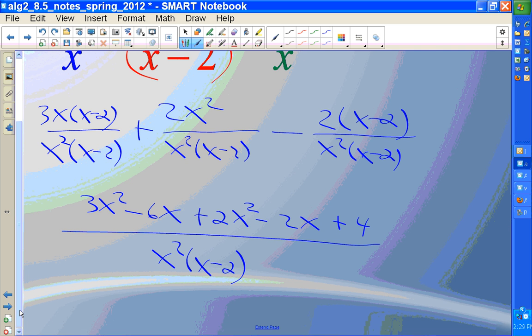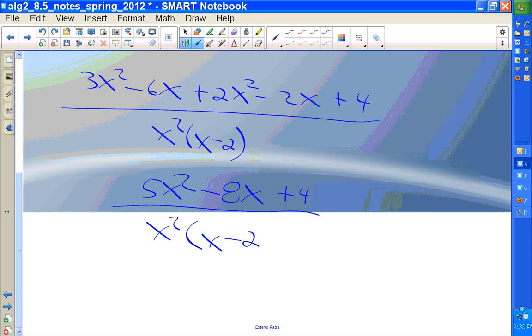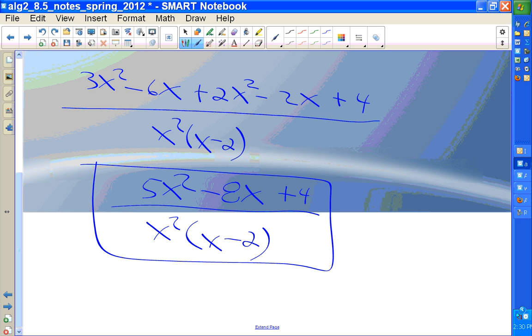When you combine like terms, you're going to get 5x squared, 8x in the middle, and 4 at the end, over x squared times x minus 2. Can we factor the top? And it stays like this.